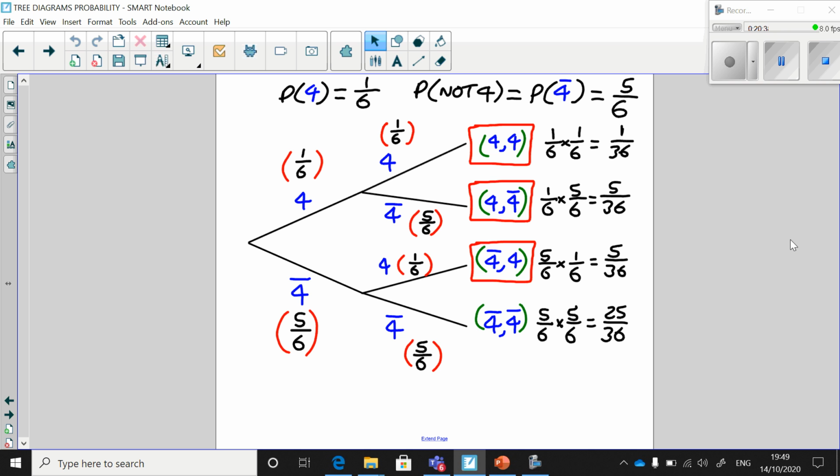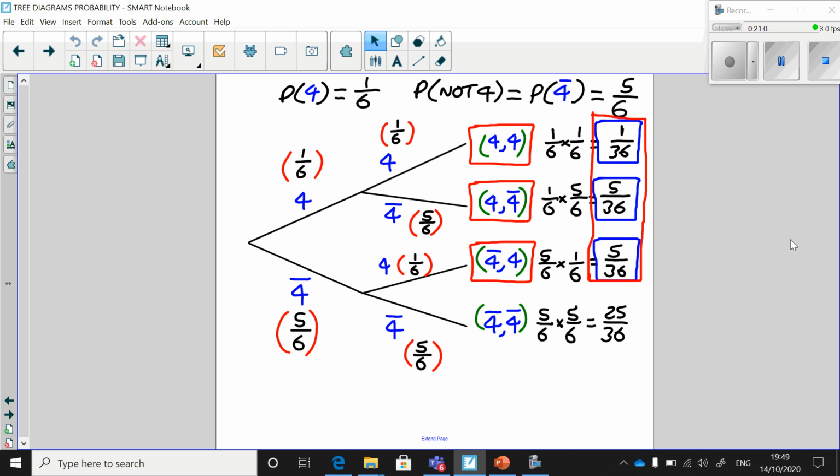So what we're going to do is just take the probabilities for each of them and sum them up. Okay, so there are 3 possible outcomes here that we are going to sum.